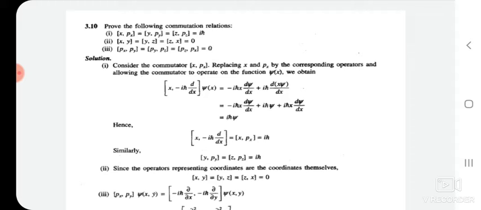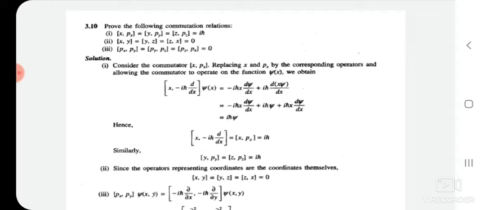Minus iħ x ∂psi/∂x plus iħ psi, because ∂x/∂x is 1 and psi remains as it is, plus iħ x ∂psi/∂x. Here minus iħ x ∂psi/∂x and plus iħ x ∂psi/∂x get cancelled.